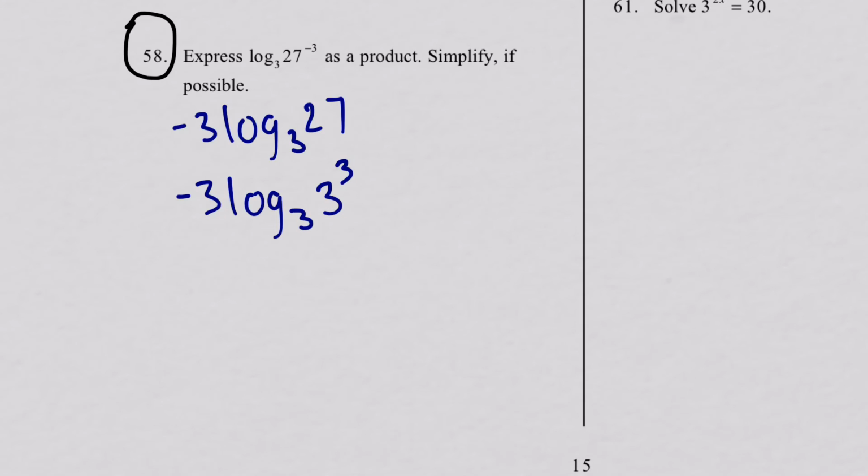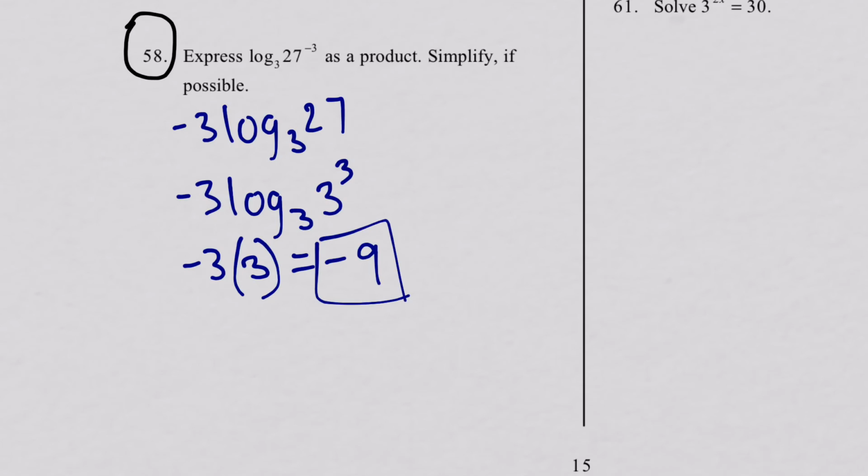And then I notice that log base 3 of 3 is going to cancel out, leaving me with just 3. Right? Or you can think of this, I'm going to bring this 3 down over here, so it's going to multiply times that one. Either way, this cancels. Right? The log base 3 of 3 is going to be just 1. So it's negative 3 times 3. Negative 9. And you're done.